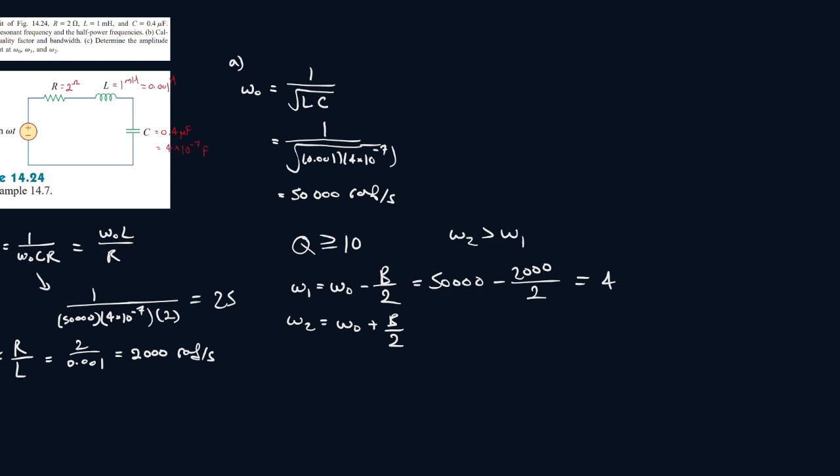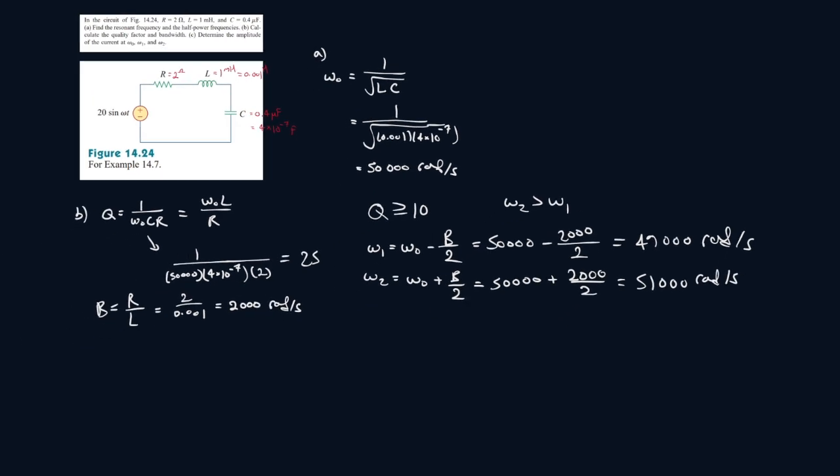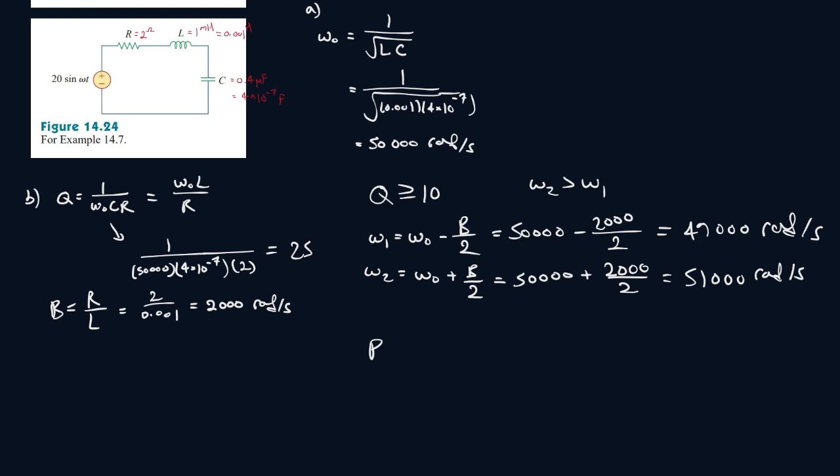That should give you 49,000 radians per second. And this one, it's 50,000 plus 2,000 over 2, and that should give you 51,000 radians per second.